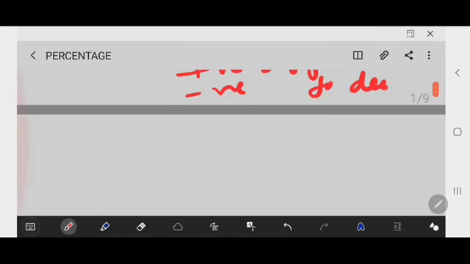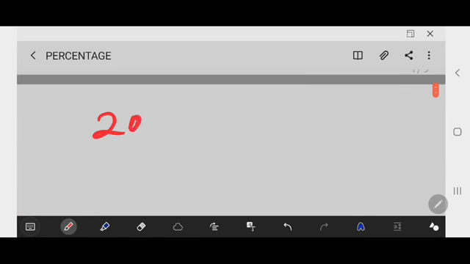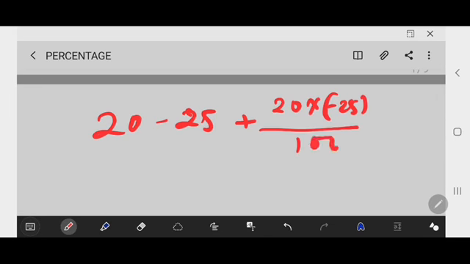So A is 20%, B is decreased by 25%, so 20 into minus 25, because 25% is decreasing, that's why minus.